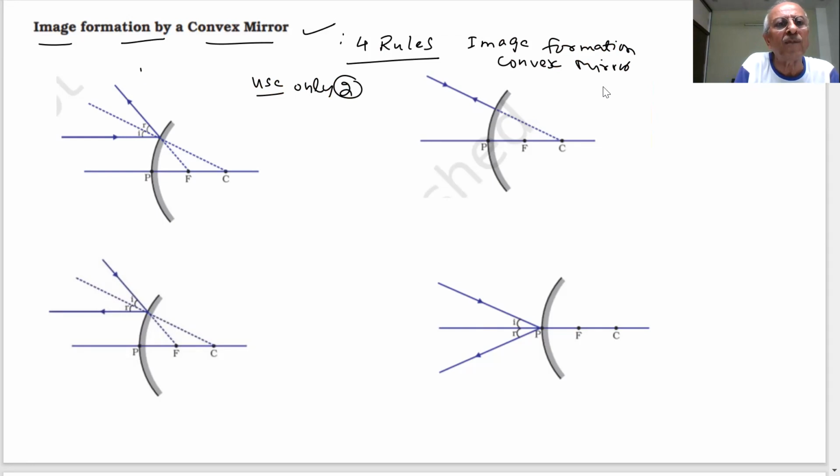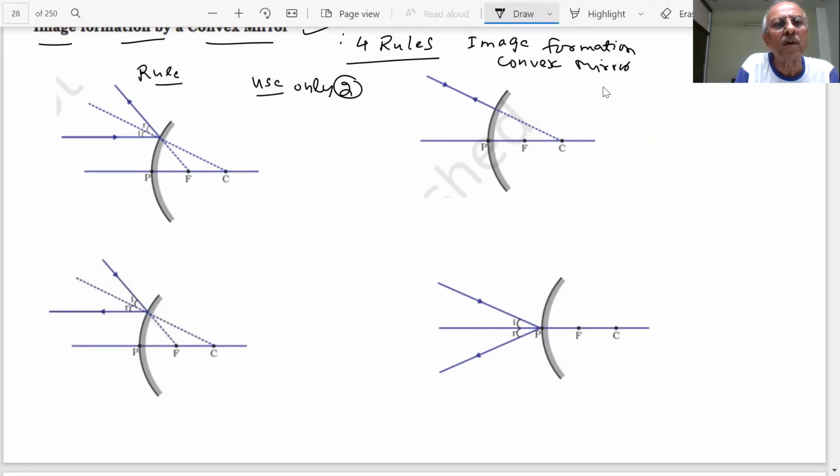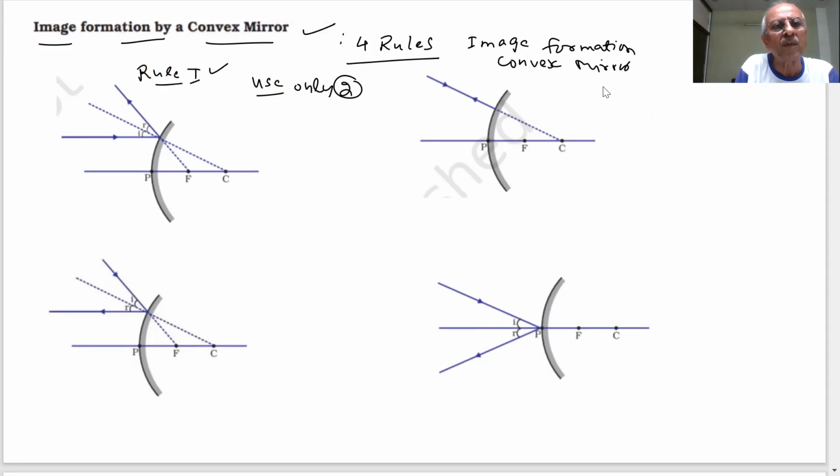Rule 1 is the first one which I always use. A ray parallel to the principal axis appears to diverge from the focus. This is rule 1, which I always use. I can use this rule or the other which we have shown. So 1, 2, 3, 4 rules are here.